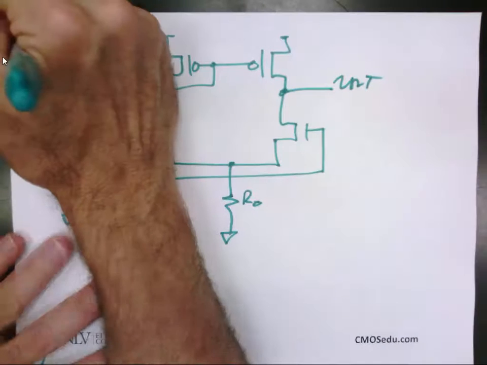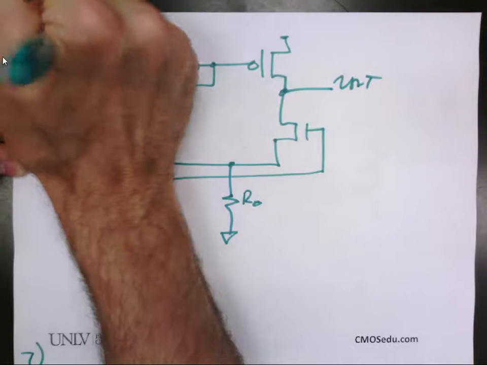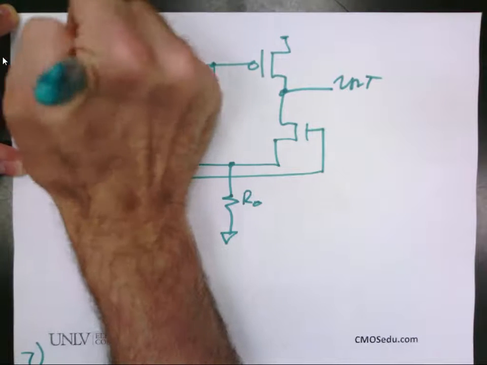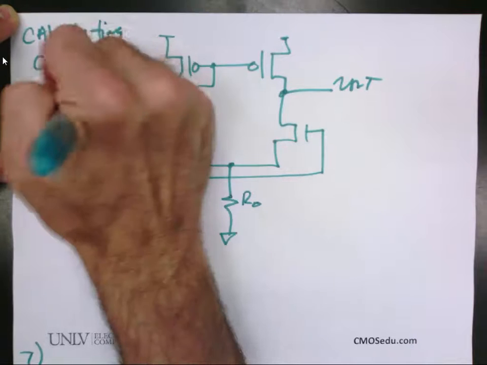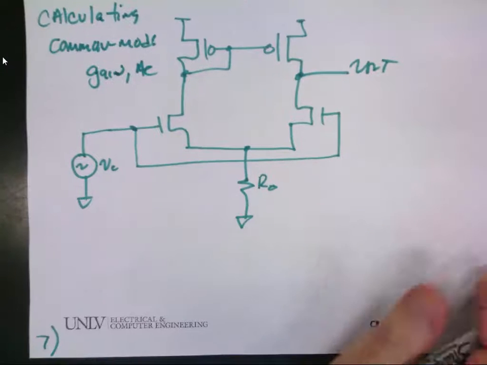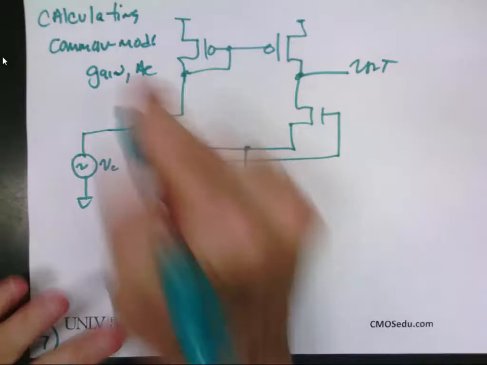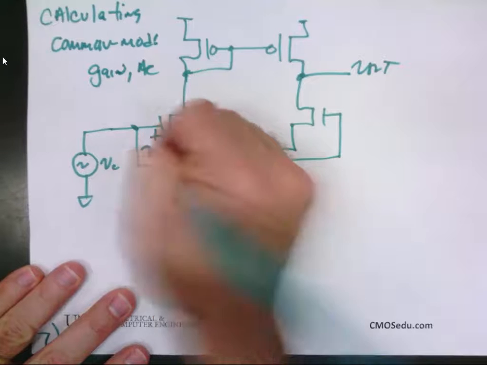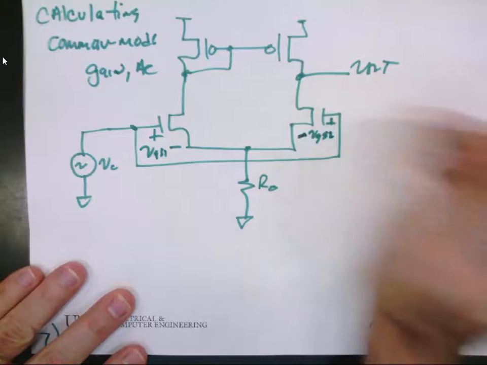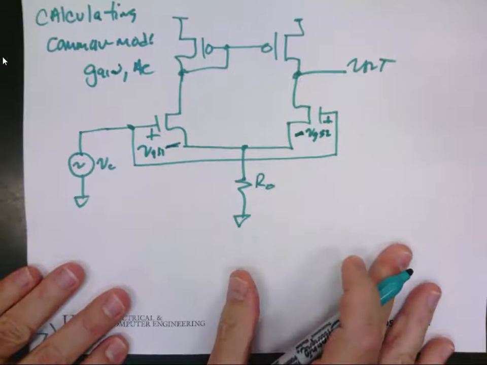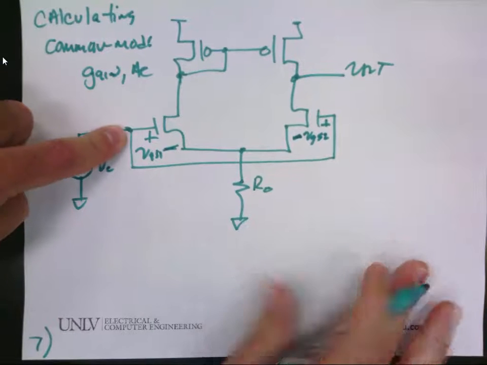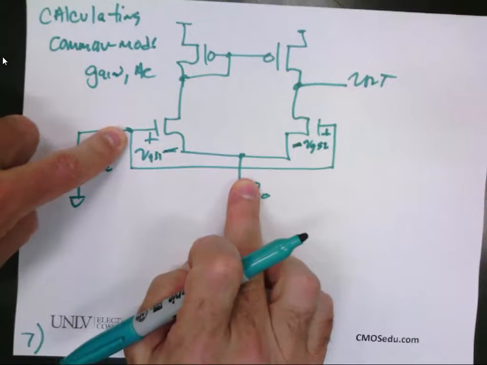So this is for calculating common mode gain AC. Okay, so before we go too far, what can I say about VGS1 and VGS2? They're equal. They're no longer equal and opposite because I've got the gate potential the same and the source potential the same.